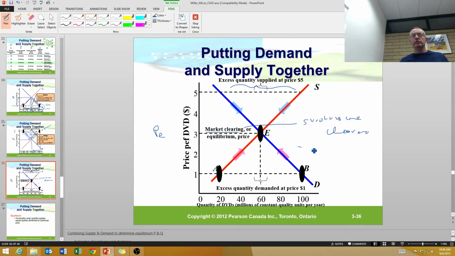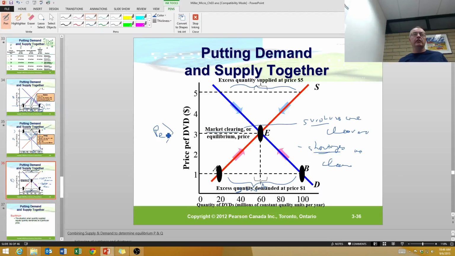And likewise, shortages are also cleared. So the equilibrium price clears any surpluses or shortages in the market. Here's the original shortage down here. So it's the equilibrium price.